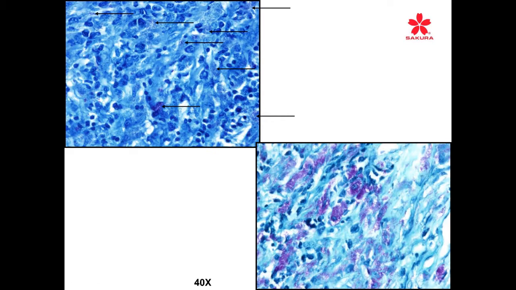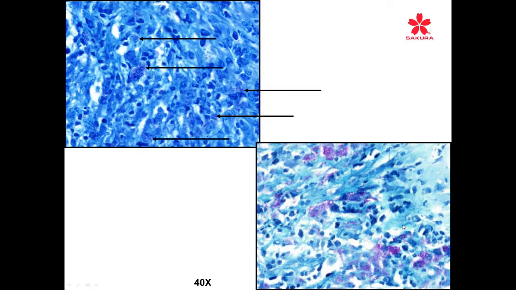I'm going to switch to another example, which is the same here. Same example up here, counterstain much too dark, and here more optimally stained where you can see the colonies. Now in these slides, you would actually want to look at them under oil immersion optimally. Let me switch to another slide, the last example here.